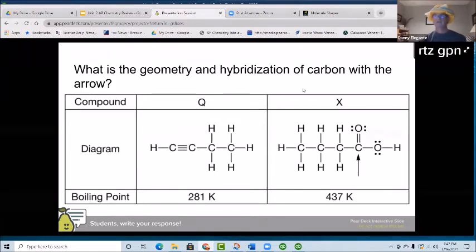And if y'all have not done so already, if you haven't changed your name to school name and then your initials, Mr. Dean is trying to get a count of how many students there are from each school. So I'm going to give y'all a little bit of extra time on this one. So if you could go within the Zoom window and click on the ... or more next to your name under participants, you can change your name to school name and then your initials.